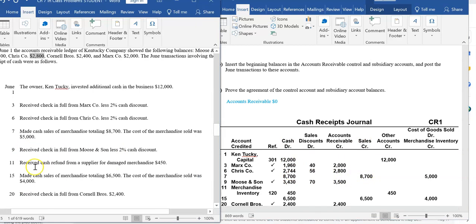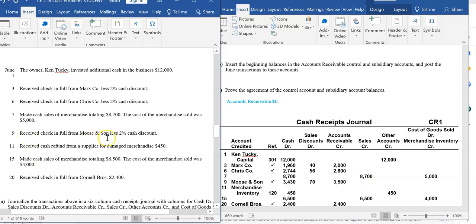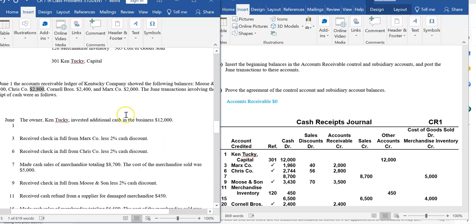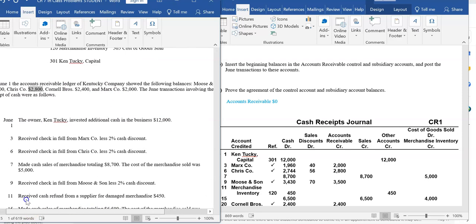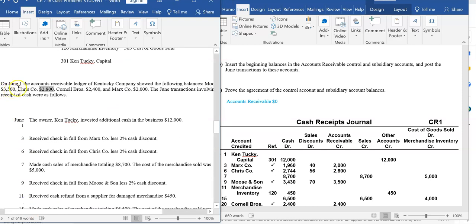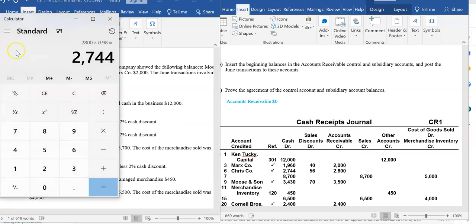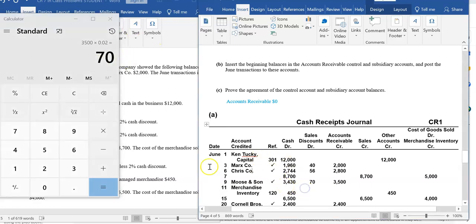All right, on the 9th, we received a check in full from Moose & Son, less the 2% cash discount. Moose & Son owed us $3,500. They are taking a 2% discount. They're taking $70 off of what they owe.